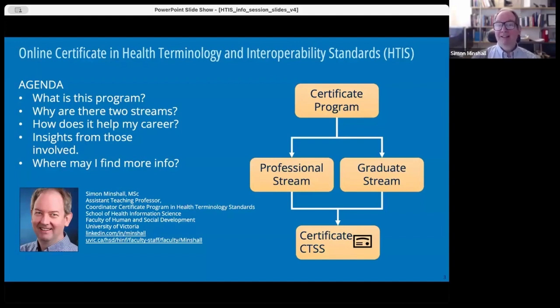All right, so in a nutshell, the certificate program will prepare you for your professional life, or will perhaps elevate your professional status by earning a certificate. It means you get extra letters at the end of your business card, should you happen to have one. The program will help train you in the area of health information standards and interoperability standards.